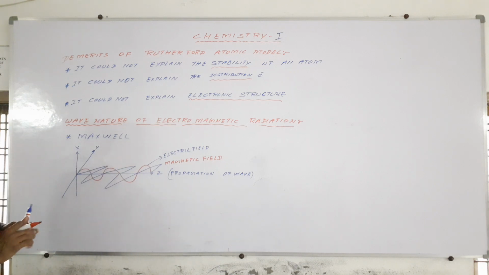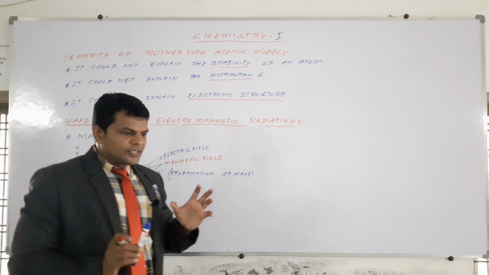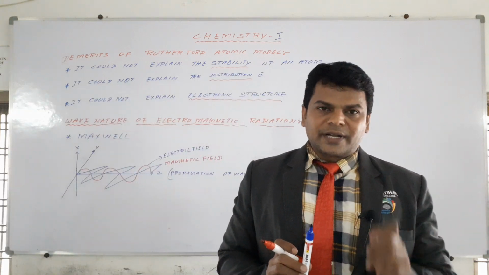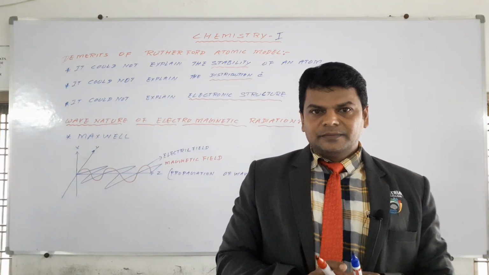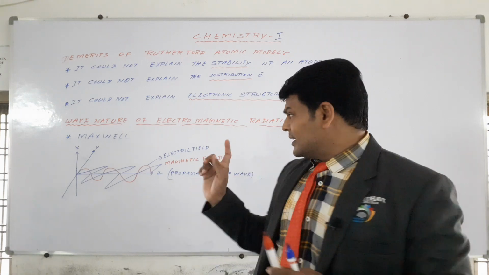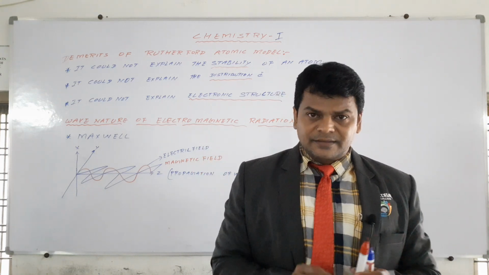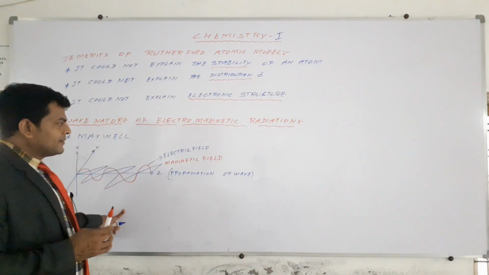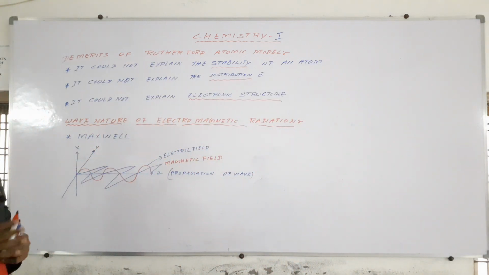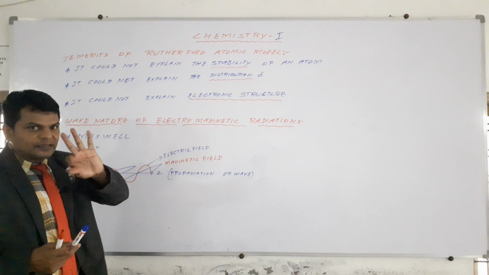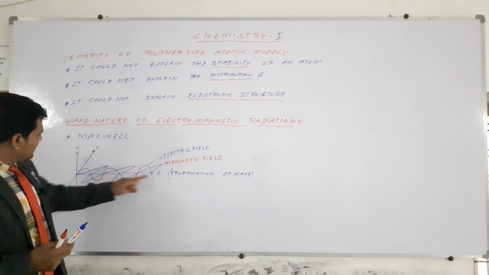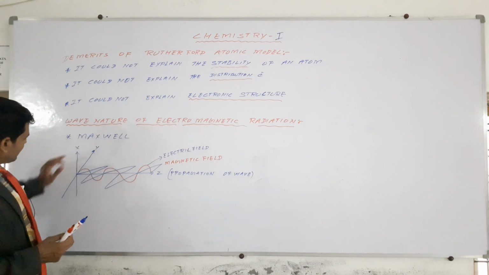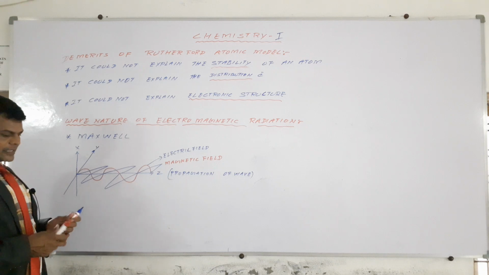What I mean to say is that the charged particle oscillates by electric and magnetic fields. So light propagates in three directions: Z is one direction, X is one, and Y is another.